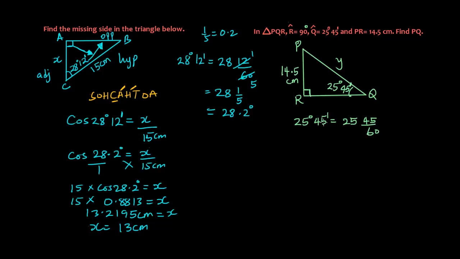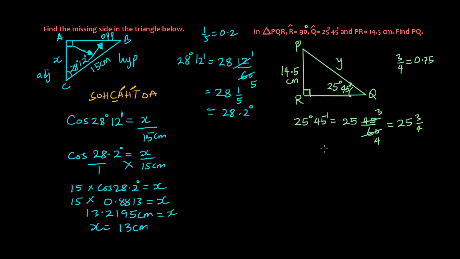We'll divide 45 by 60. 15 goes in 45 3 times, 15 goes in 60 4 times. So this will give us 25 and 3 over 4. By the time you divide 3 over 4, this is equal to 0.75.